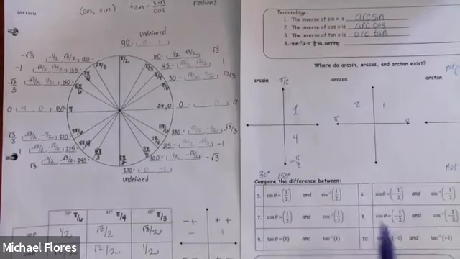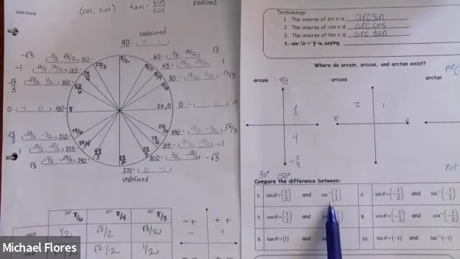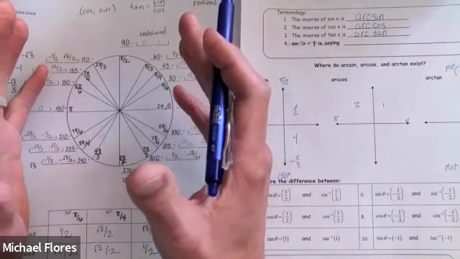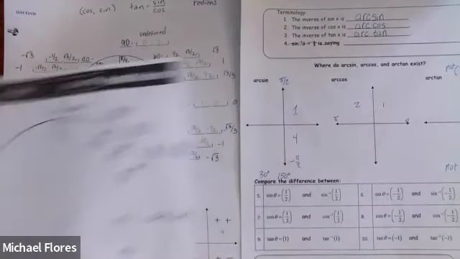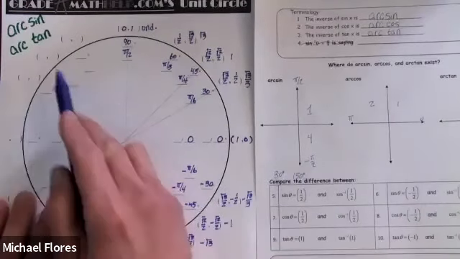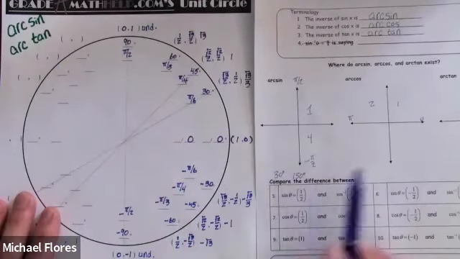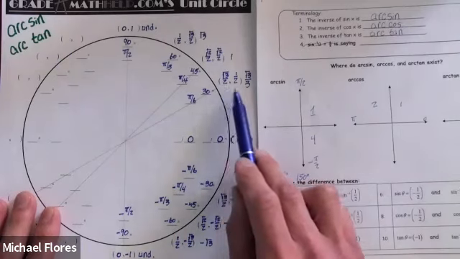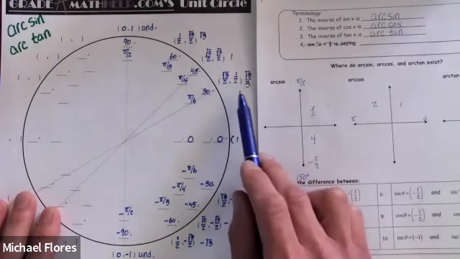Now let's find the difference. Where does arc sine of 1/2 exist? Well, we don't really want to use this unit circle necessarily. You would need to use your modified unit circle. Here's our modified unit circle for arc sine and arc tan. So our sine value of arc sine that is going to produce 1/2 only exists here at 30 degrees.